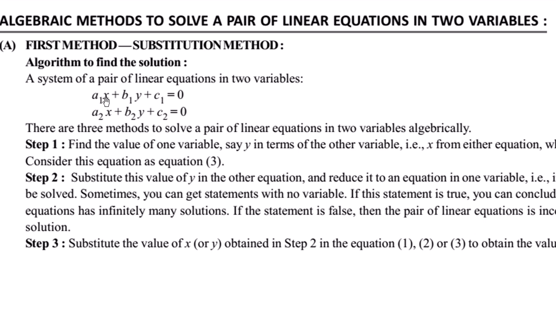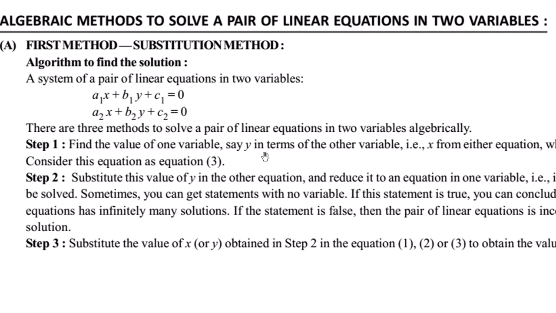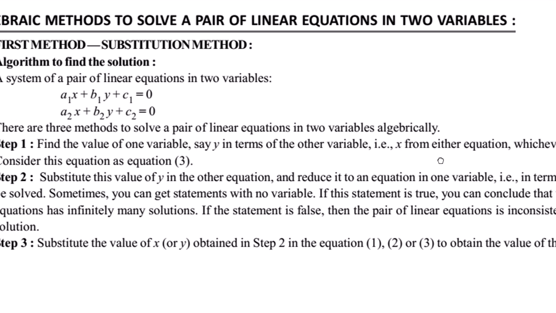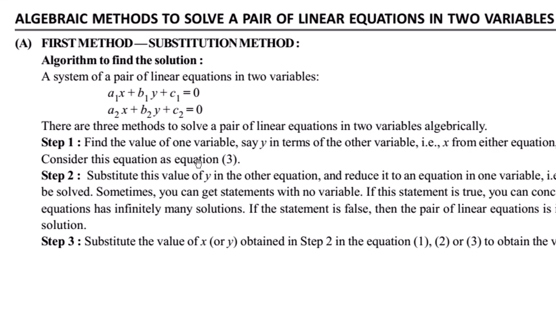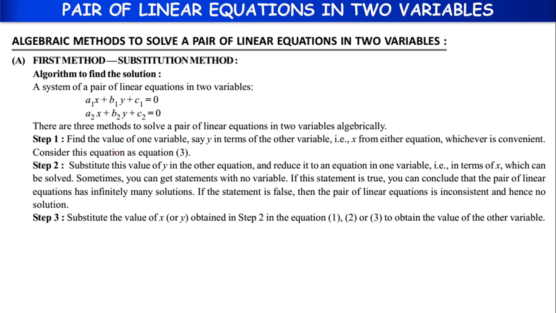Suppose out of x and y, say y in terms of the other variable, that is x, from either equation, whichever is convenient. So, from one equation, we have to find out y in terms of x.